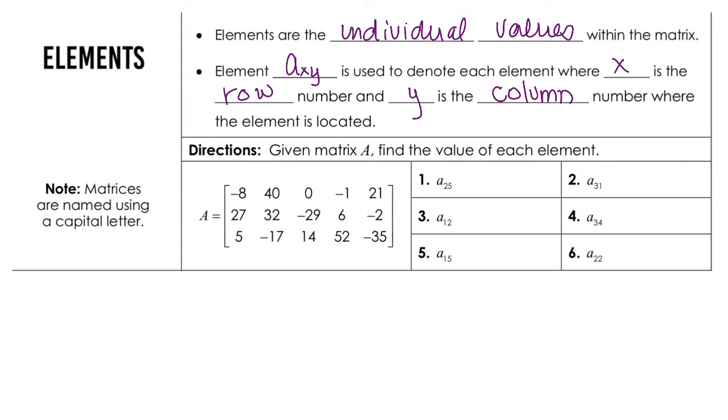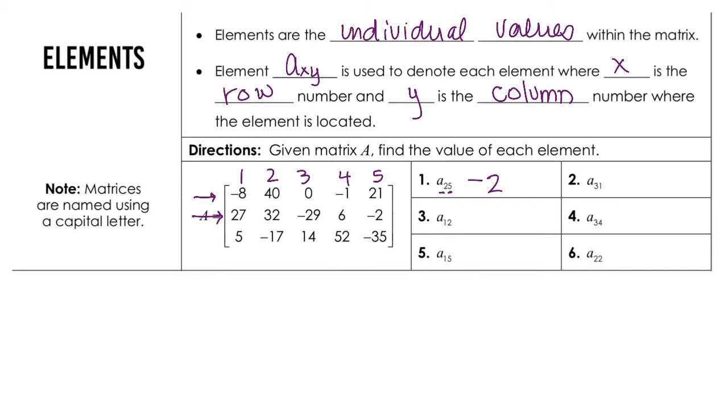All right, so looking at our first example here, it wants us to give a matrix A, find the value of each element. So for the first one here, they give you 2, 5. So what that means is you're going to go to the second row, and rows run left to right. So the second row, and then the fifth column. So 1, 2, 3, 4, 5. So second row, fifth column, that's going to be element -2.